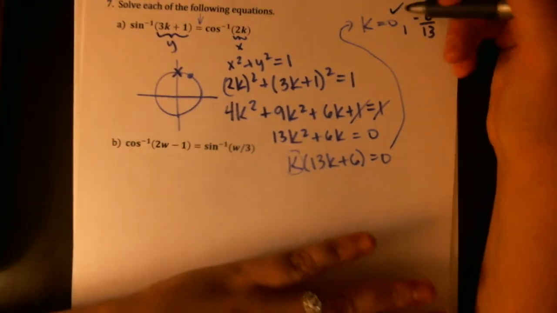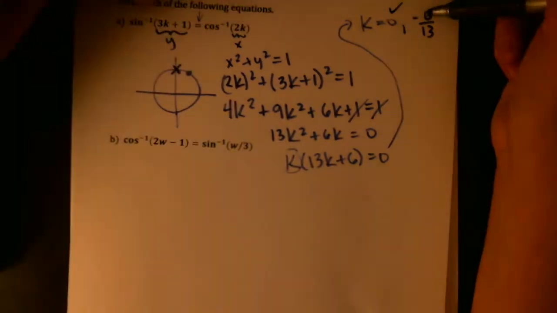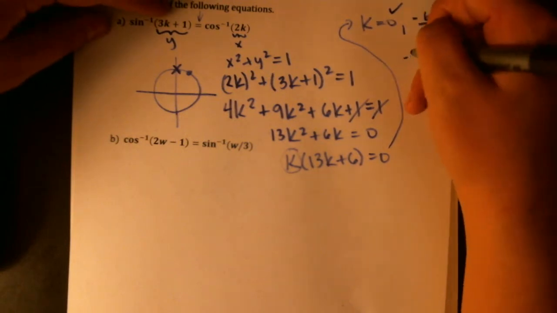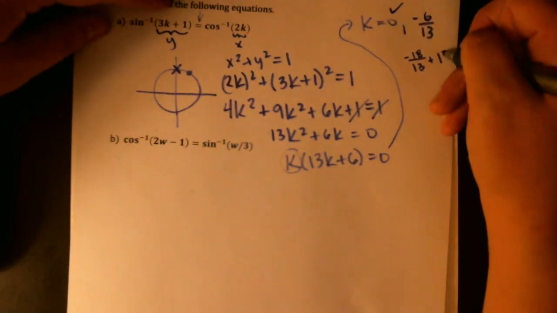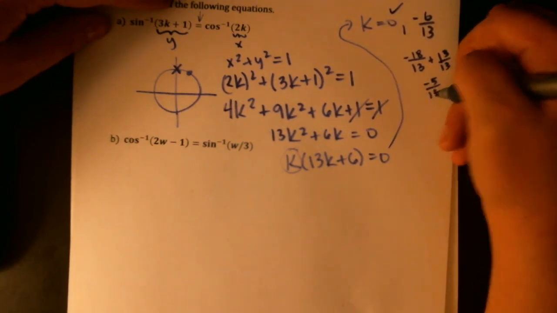Without calculators, this might seem a little terrible, but it is actually doable. So if I plug the negative 6/13 in here, multiply it by 3, I'm going to get negative 18/13, and then I need to add 1, which is 13/13. So I'm at negative 5/13.